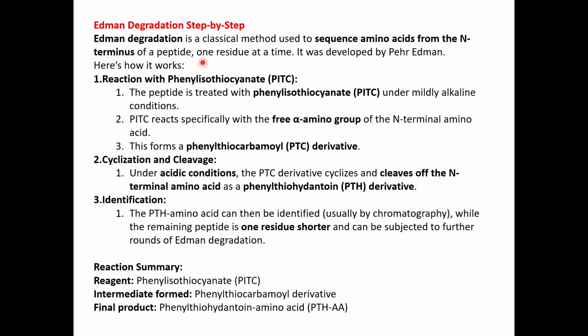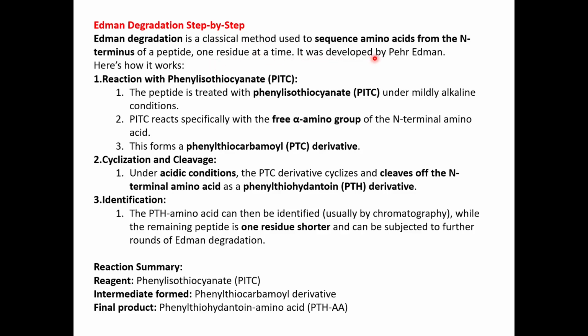The first amino acid has the N terminus and the last amino acid has the C terminus. This method is used to sequence the N terminus of a peptide, one residue at a time.